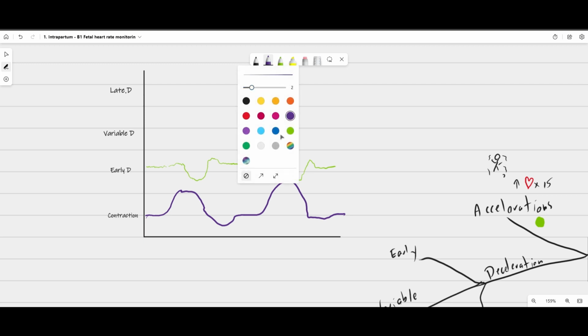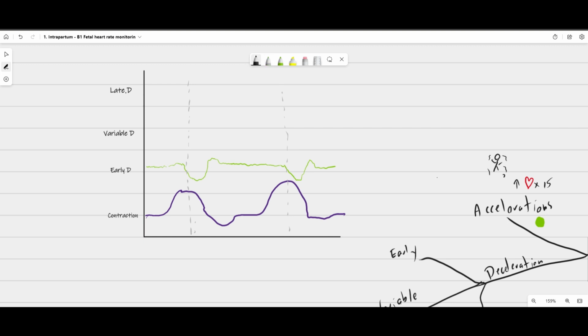So what we're looking at is the relationship between the two. So let's draw this a little better. We're looking at peak contraction and what's going on with the heart rate. So early, we like to say they mirror. So with our early, we're going to draw here a nice little mirror.